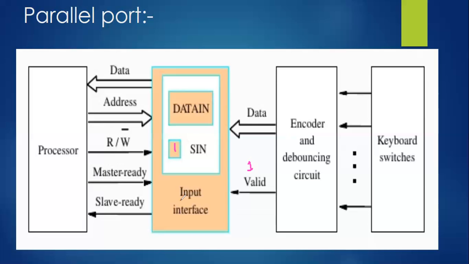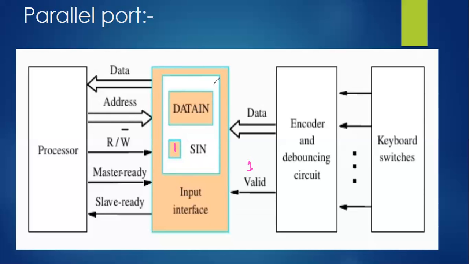With these three different inputs, a circuit will set S in equal to 1. Meanwhile, data in will hold the content, like if you are typing AITM or your name, Rahul, anything it may be. That will be available in the data in register along with S in equal to 1. So this will be communicated to your processor. Observe it very carefully. You can have a glance at this particular box.